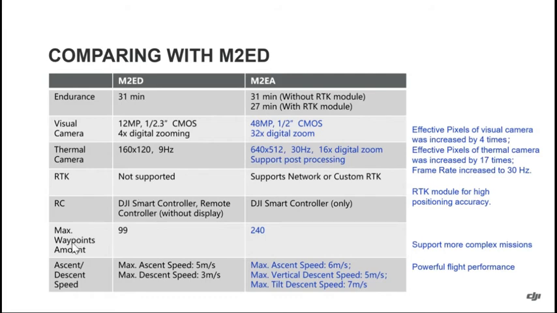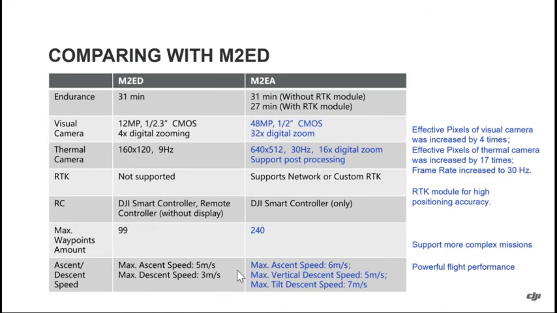For the max waypoint amount, in Mavic 2 Enterprise Duo we could support 99. In Mavic 2 Enterprise Advanced, we could support 240, which could enable us to support more complex missions. And for the ascent and descent speed, we have also improved it.